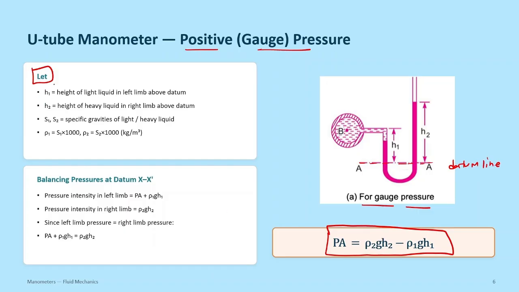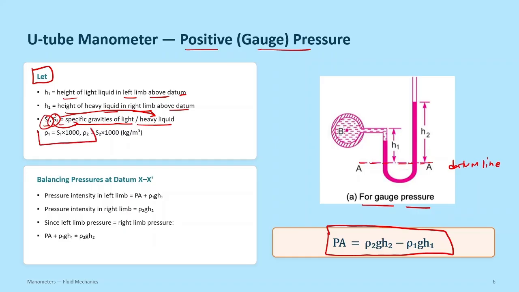So here you can see some notation: H1 is the height of liquid in the left limb above the datum. H2 equals the height of the liquid in the right limb above the datum. S1 is the specific gravity of the light liquid and S2 is the specific gravity of the heavy liquid.